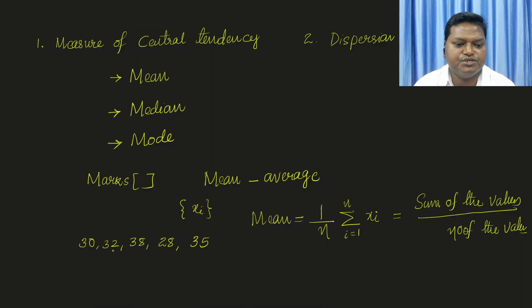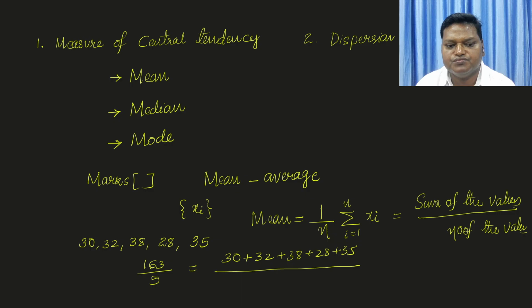Totally 5 subjects are there: 30 plus 32 is 62, plus 38 is 100, plus 28 is 128, plus 35 is 163, divided by 5 is your average. So how did we calculate? The sum of all these numbers, divided by the 5 subjects. So this is your mean.